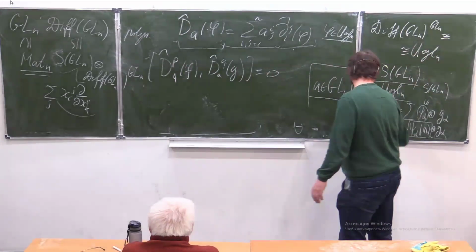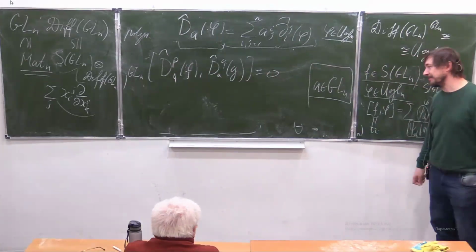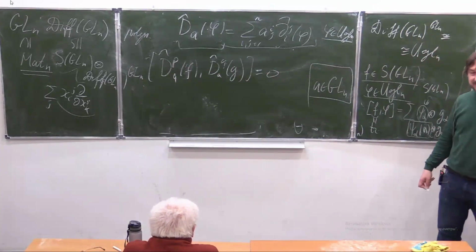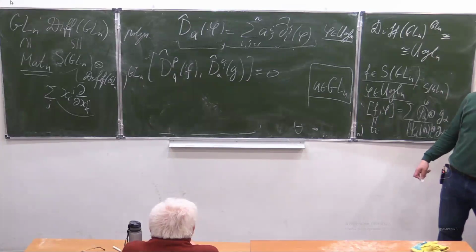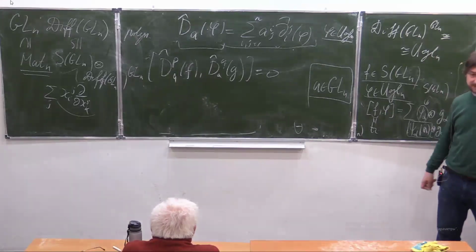And this gives you some hopes and some insight on how you can extend this construction from the GL_N case to the case of other Lie groups and algebras in a fairly coordinate-free way.